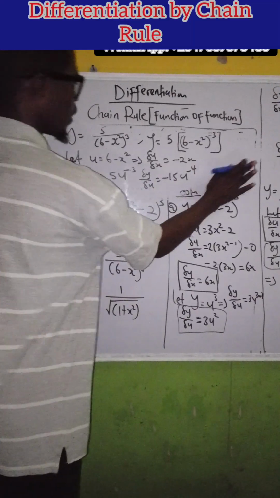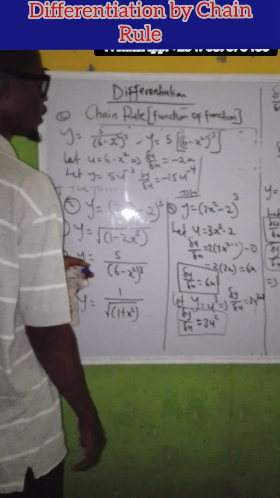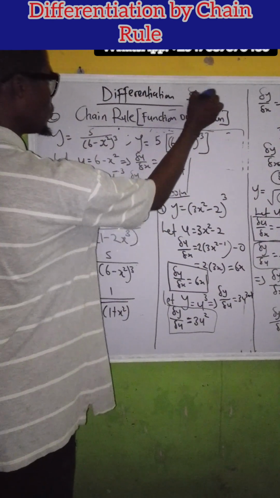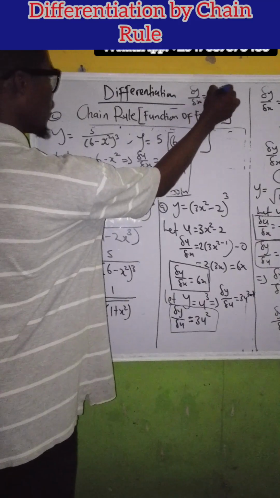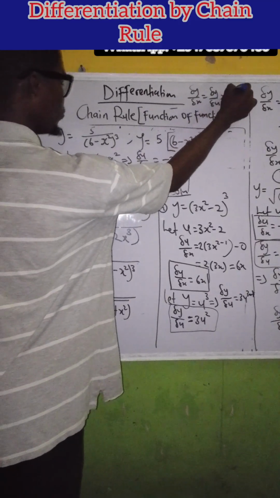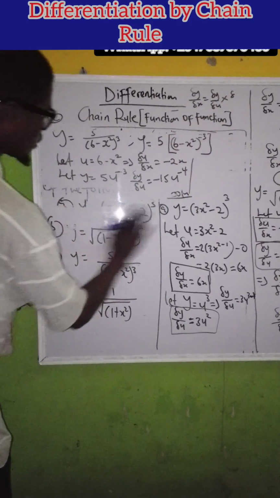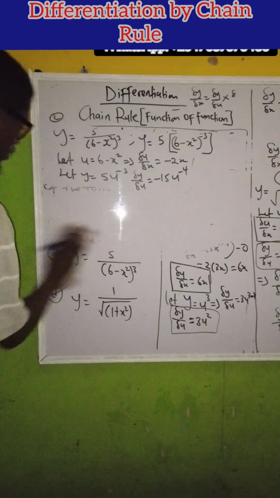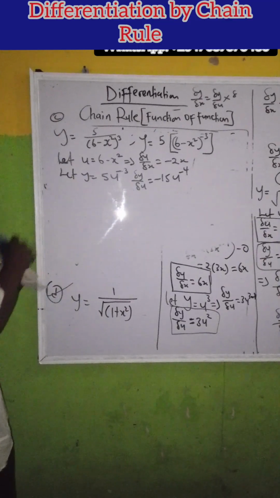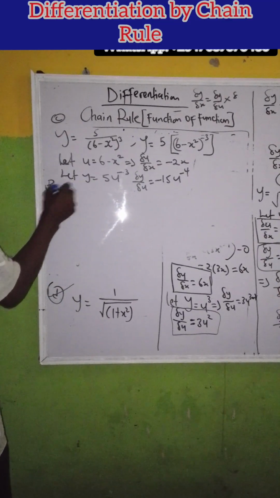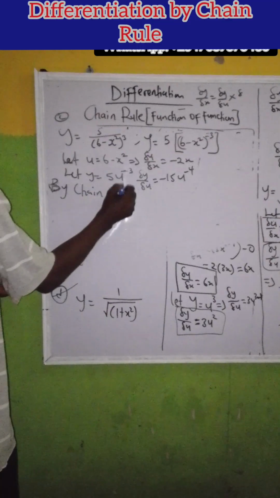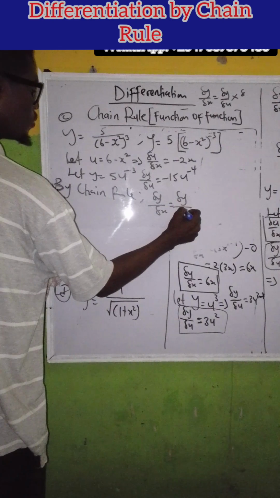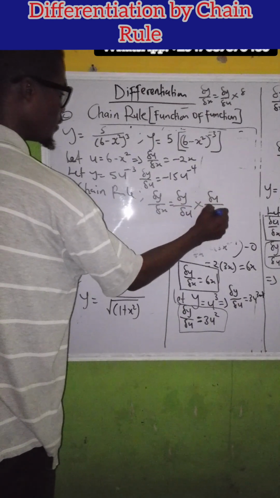Okay, so now you can substitute. Are we together? So it's not hard. So according to chain rule, function of function, dy over dx is equal to dy over du times du over dx.